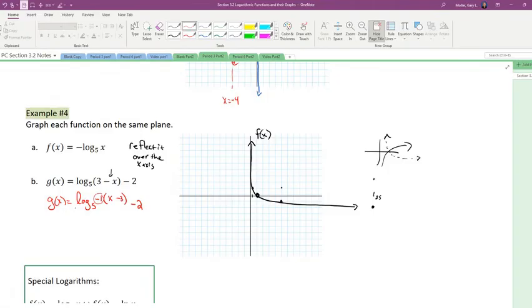So let's just do a quick examination. What's going to be the difference between doing log of negative x compared to log of normal x? Well, log of normal x, I plug in 1 and I get 0. I plug in, oh, I should put a base on this. Let's do base 5. I plug in 5 and I get 1. I plug in 25 and I get 2.